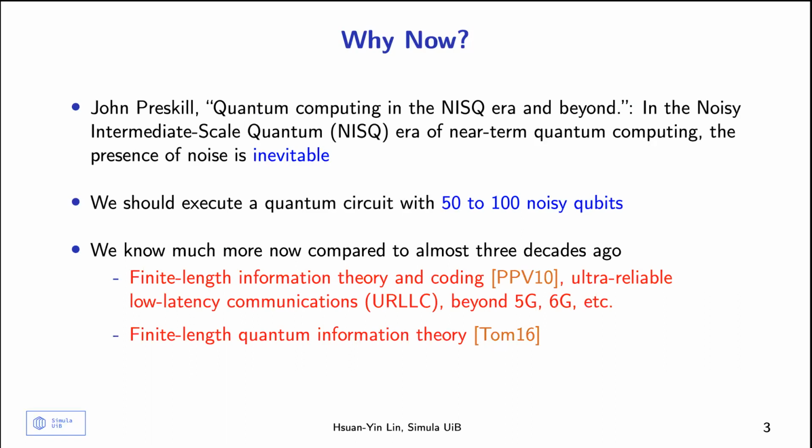They care about a small number of bits and how much information or message you can transmit, and what coding can do with this small number of bits: what's the best, and what's fundamental. And this doesn't only happen in the classical world. In the quantum world, people also study finite length quantum information theory.